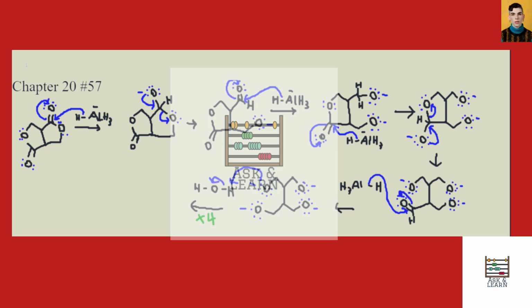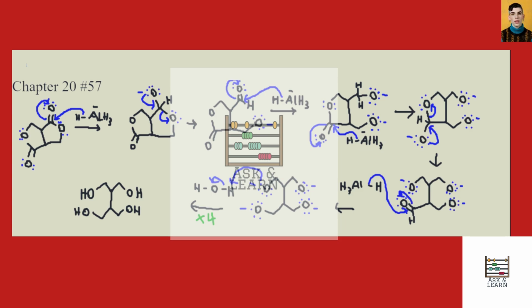So this is happening to all 4 alkoxides simultaneously. And so the end result is our final product with 4 alcohols. Okay, and so there we go.